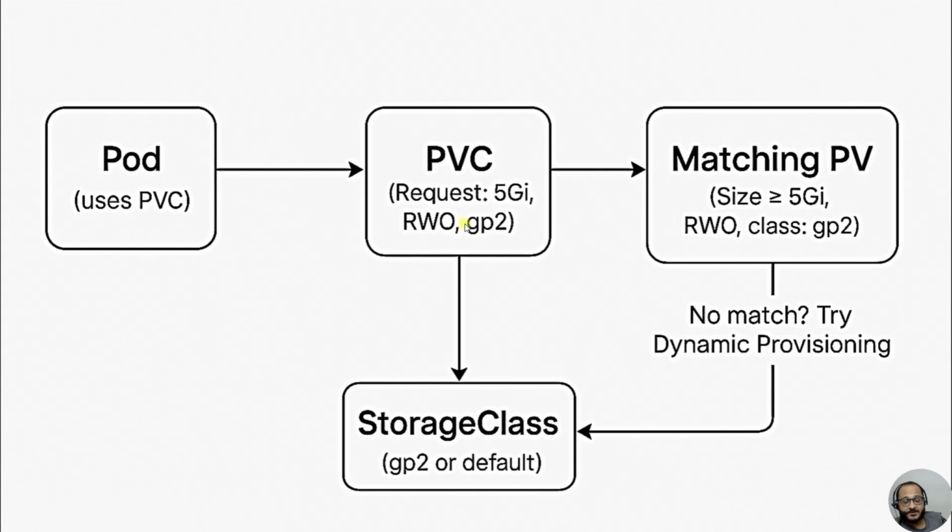But for that you have to use a storage class. If you have external cloud providers or external storage solutions like NFS, EBS, Azure disks, for that you can use storage classes. So that's how a pod raises a request to use a persistent volume.